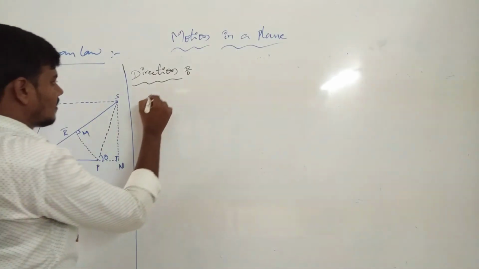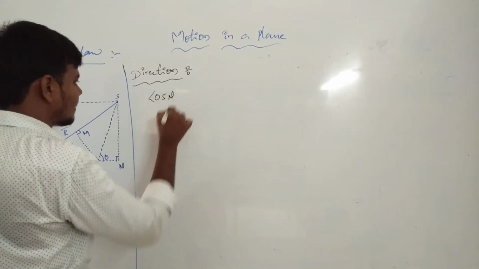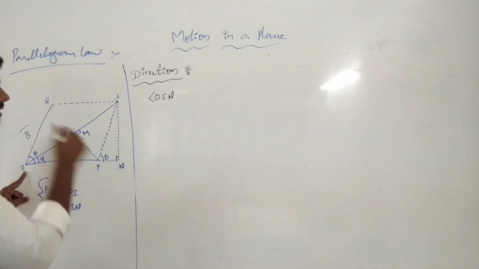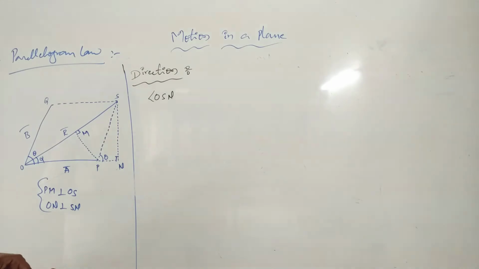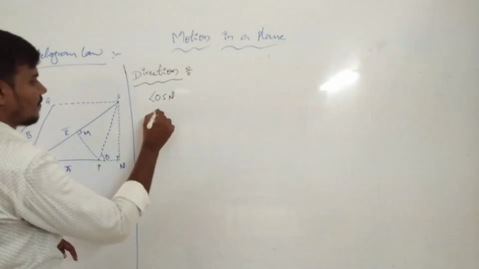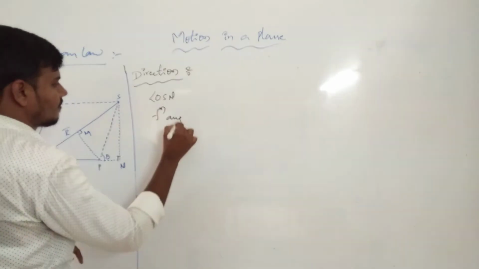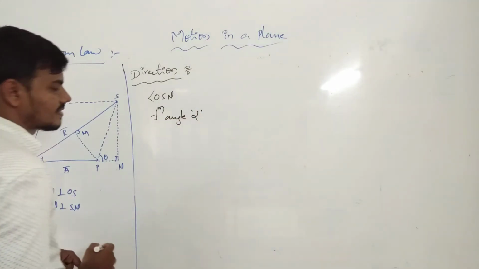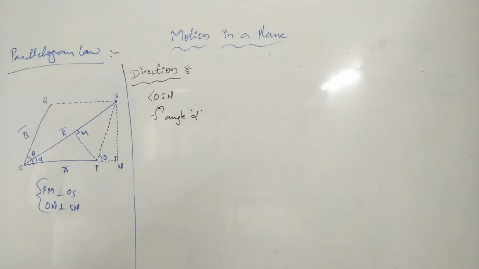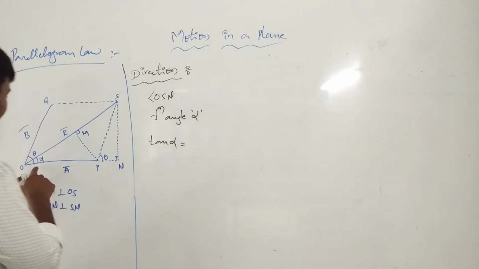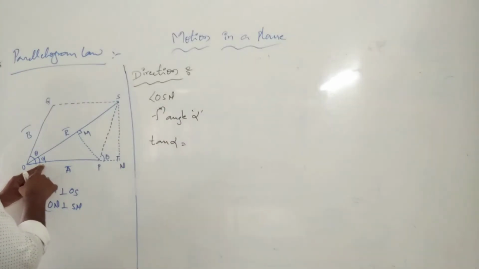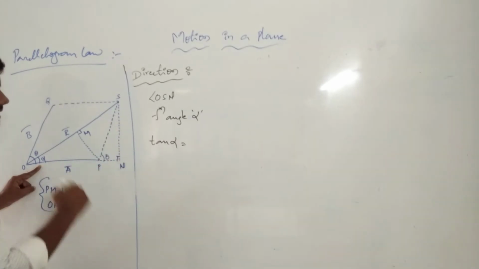We can observe angle OSN. Clear? Only this angle we can represent by this equation, which will be continued with alpha. Now tan alpha means opposite by adjacent.